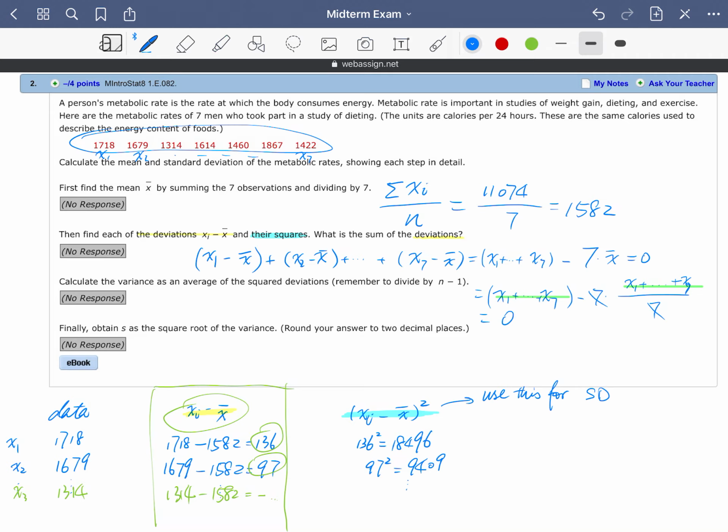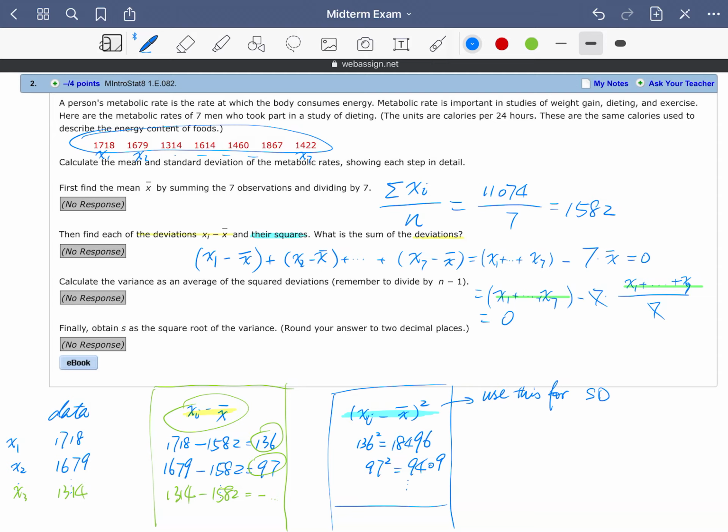And then the next question, calculate the variance as an average of the squared deviations. Okay, so the standard deviation is the square root of the variance. For the blue column, we use that to calculate the variance.